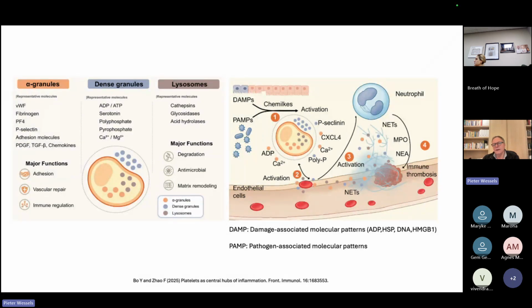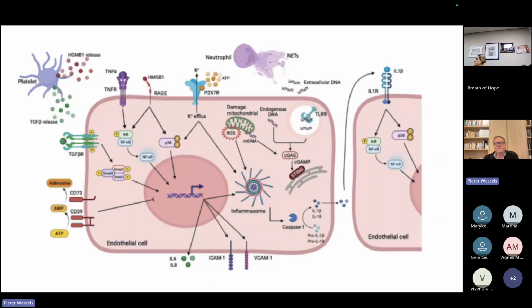So platelets, bottom line, we always thought platelets are really procoagulants and they seal off, but it's not true. Platelets are really pivotal players in the immune system.